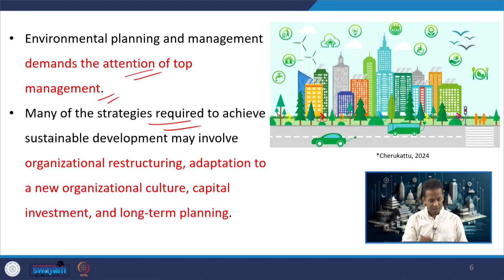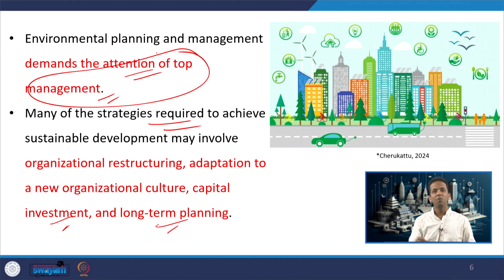Then it will need capital investment and it needs long term planning. These are the reasons why top management should be brought into the picture and should be convinced first if they are considering adding the elements of sustainability or environmental planning and management in their organization.